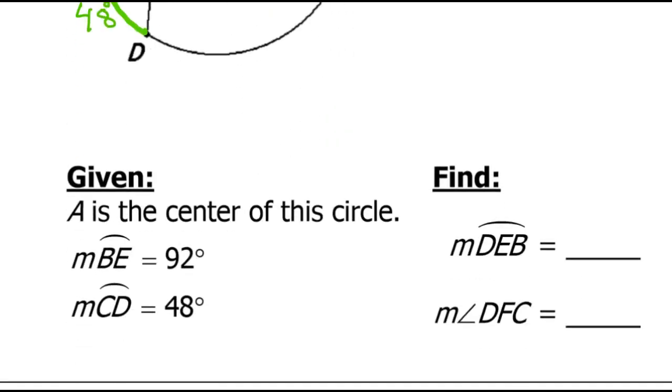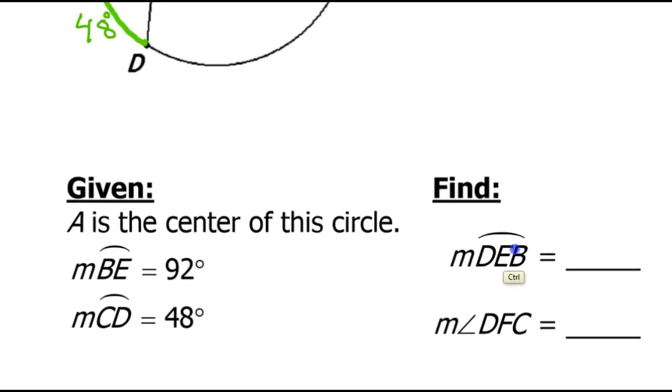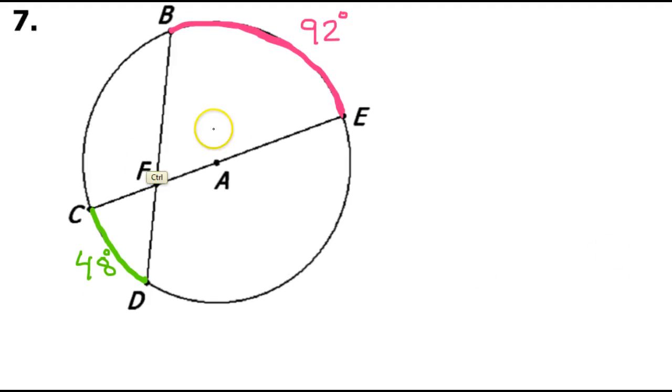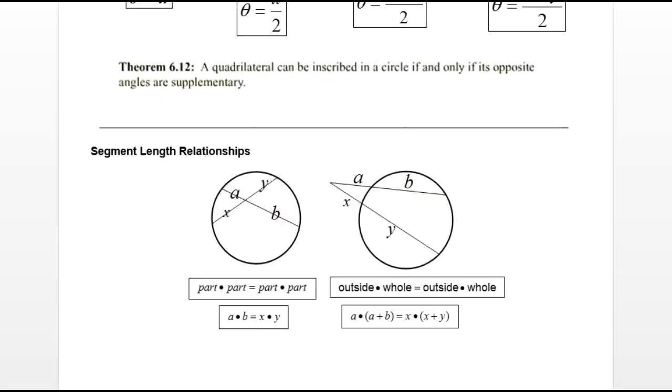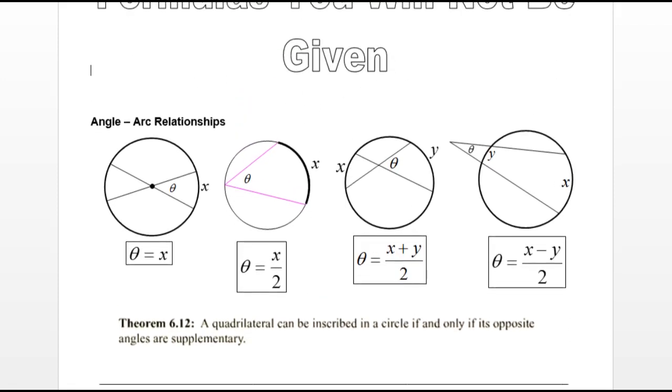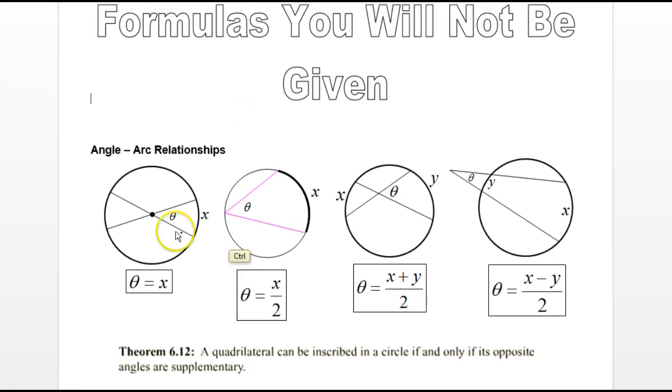And now we're supposed to find some other arcs and angles. So look, before I even look at that too hard, I can already see what I can find. All right, we're dealing with arcs and angles. So it's going to be one of those formulas. All right, these are segments, so those are not the formulas that we need. Okay, these are the formulas that I need.